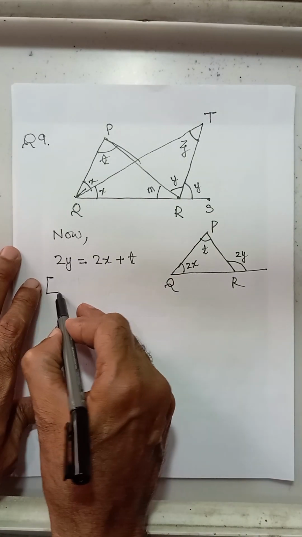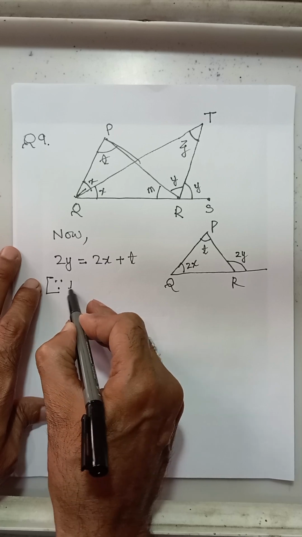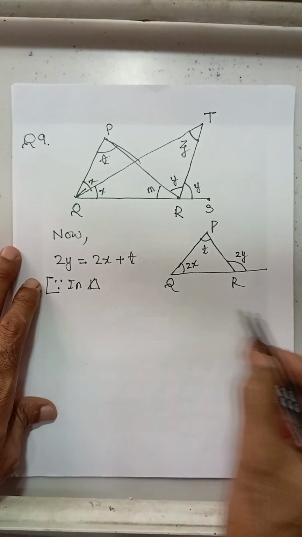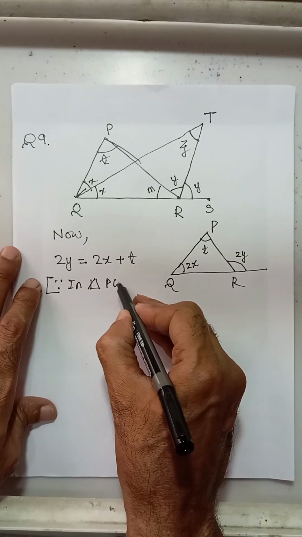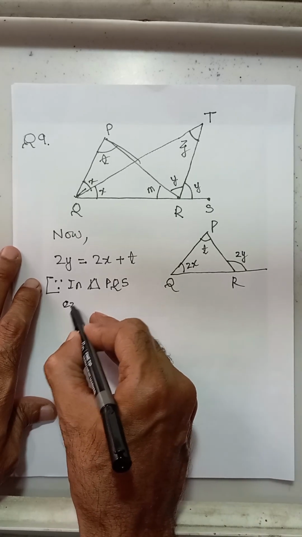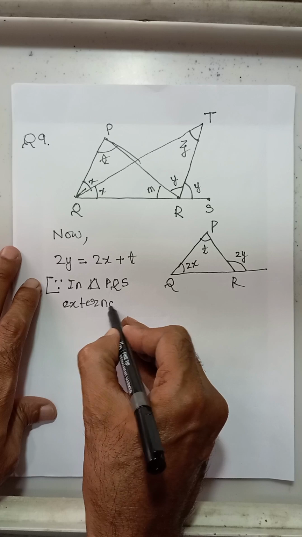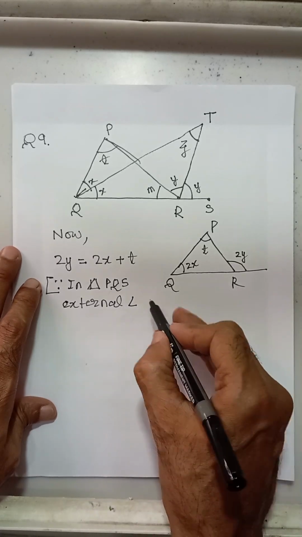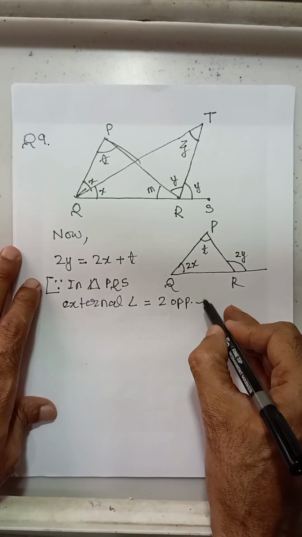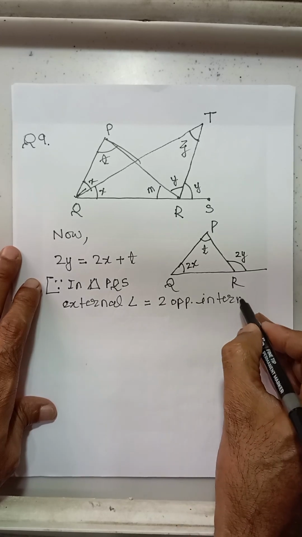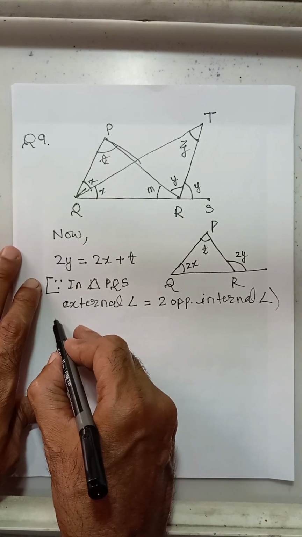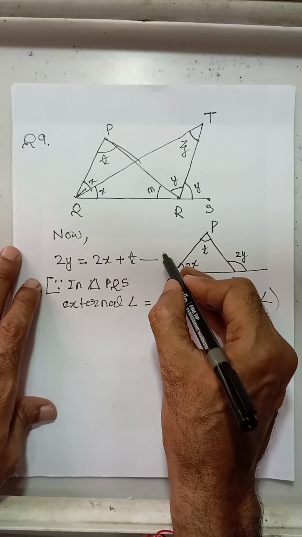The reason is, in triangle PQR, the external angle is equal to the two opposite internal angles. Therefore, let this be equation 1.